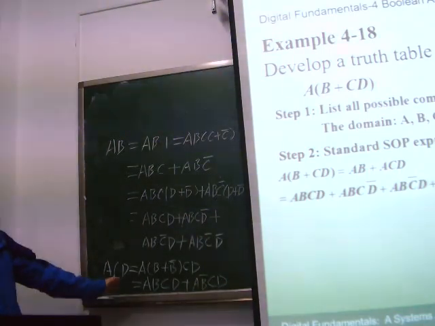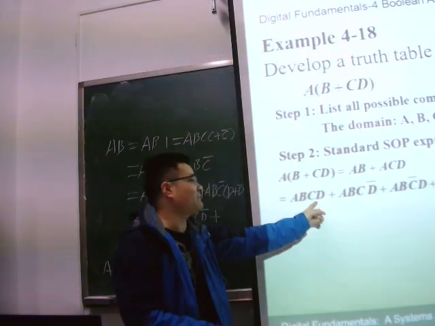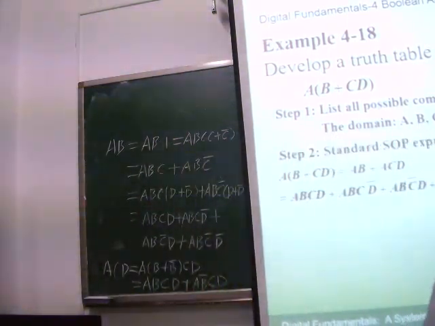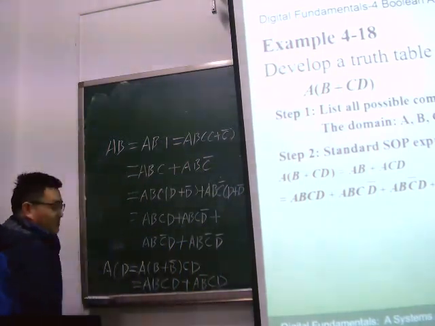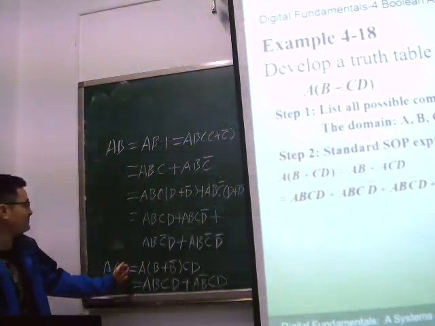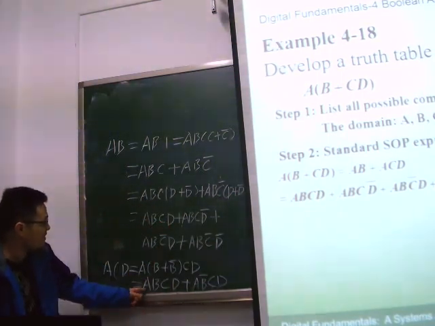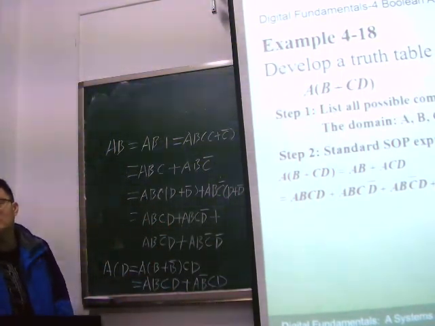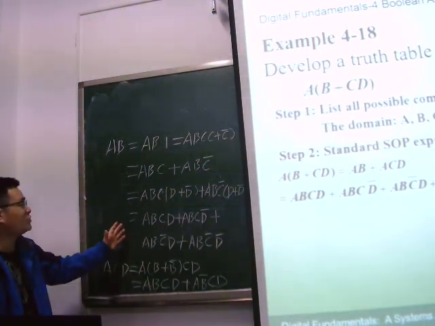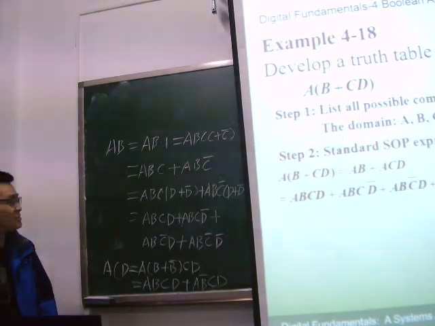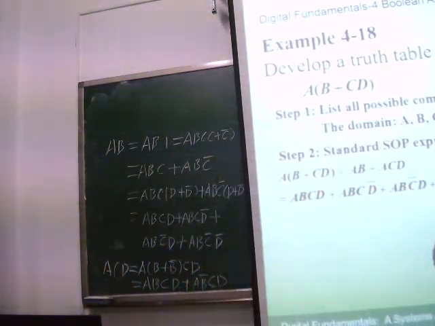There are 6 terms. But there are 5 product terms. Why? Because we find that A, B, C, D plus A, B, C, D equals A, B, C, D. So there are 5 product terms.